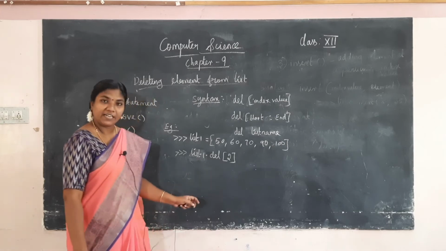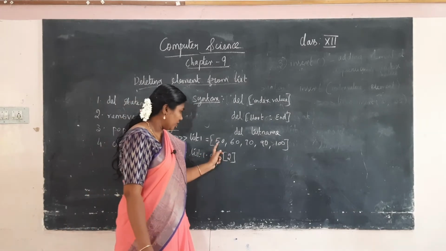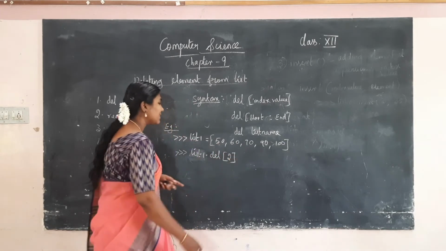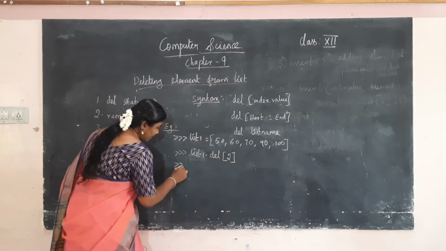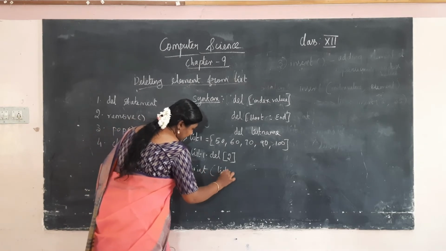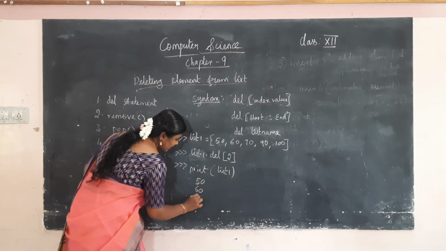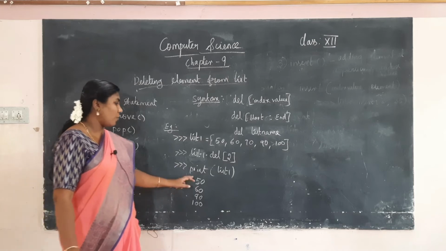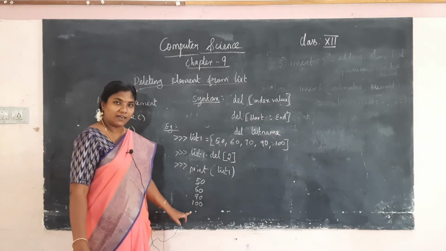So I have given the index value 2. What is the element at index 2? 0, 1, 2. The element at index 2 is 70, therefore it will be deleted. So if I print list 1, then I will have 50, 60, 90 and 100. Clear? So now in my list I have 50, 60, 90 and 100.